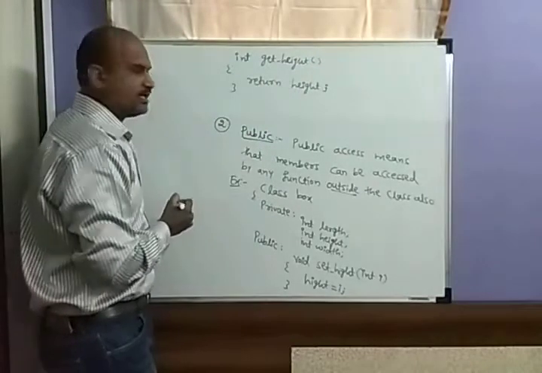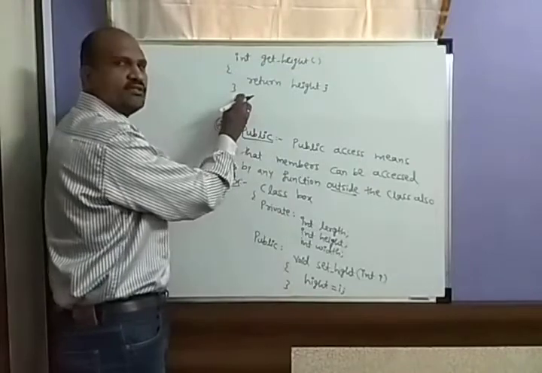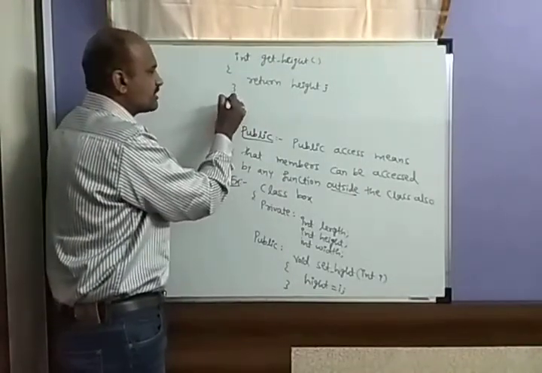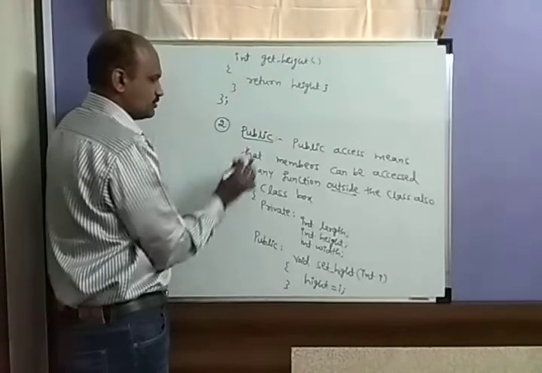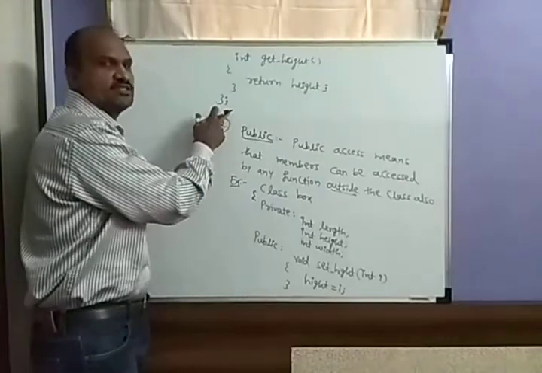Then this function closes here, this function closes here. Then again close the class. As I told you, the class is open here, so the class closes with a semicolon.